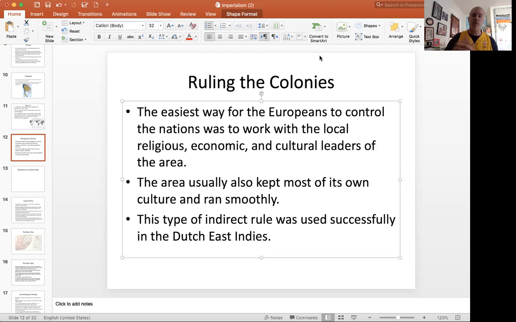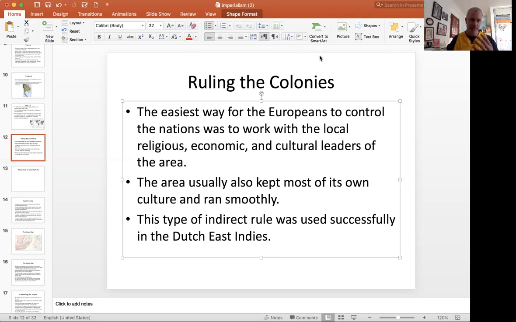This is called direct rule. The best example of this is how the French ruled the Vietnamese. And we're going to find that the Vietnamese become very upset with the French because of this type of rule. It does cause great resentment towards the foreign power, the other who comes in with all their weapons and rules over me with force.